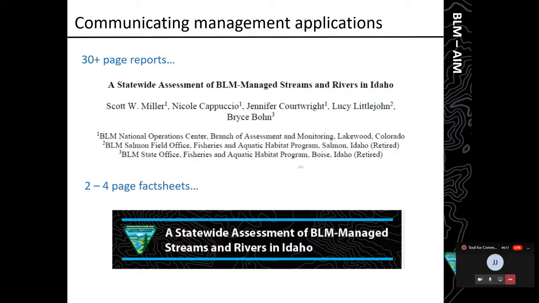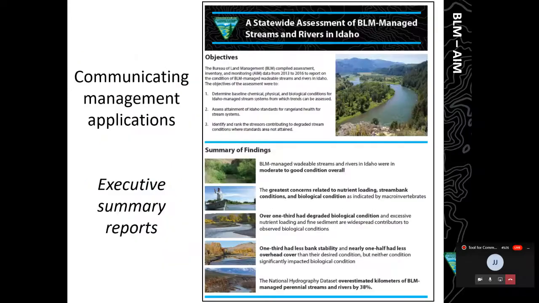However, we've found that a 2 to 4 page executive summary is a much more concise tool to communicate with staff, partners, and leadership. This executive summary that's shown on the slide right now highlights, in a concise and visual approach, the information found within the 30 to 50 page report.